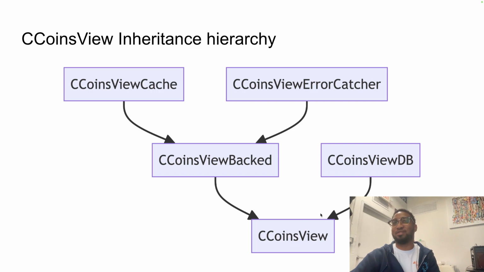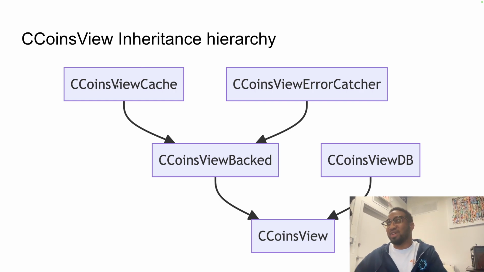The object that allows you to access the database in the chainstate directory is CCoinsViewDB. So you make a CCoinsViewDB first, and then you give it to the CCoinsViewErrorCatcher, and then you give the CCoinsViewErrorCatcher to CCoinsViewCache.